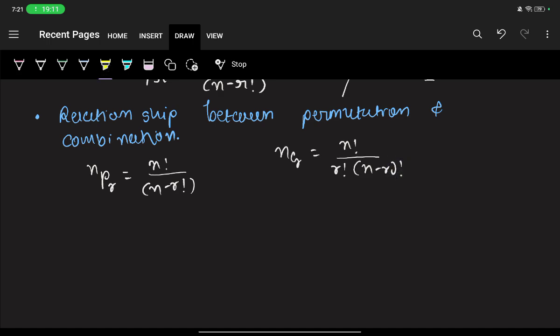So this n factorial divided by n minus r factorial is nothing but our NPR, right? So you can write NCR is equal to NPR divided by r factorial.